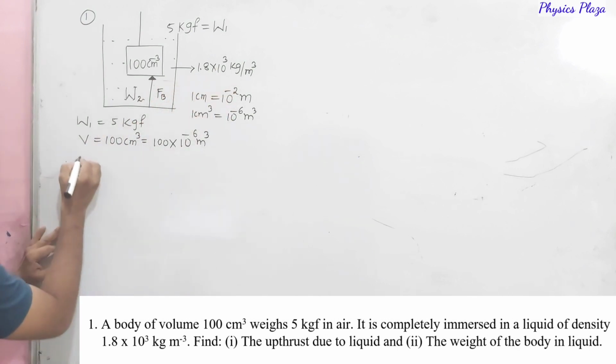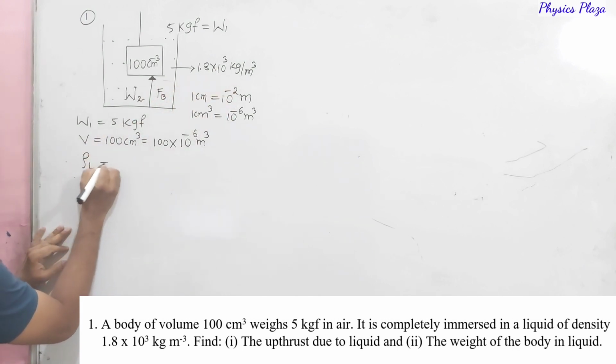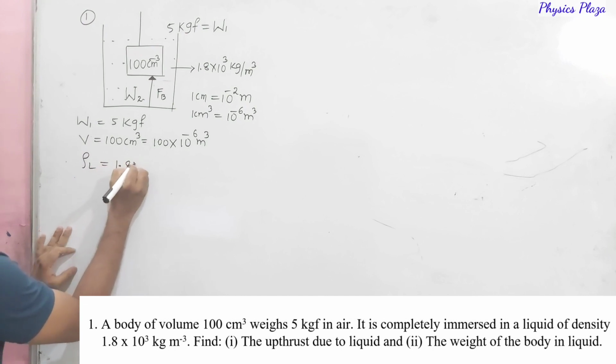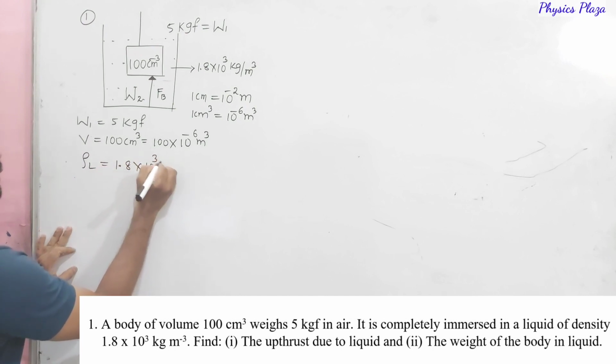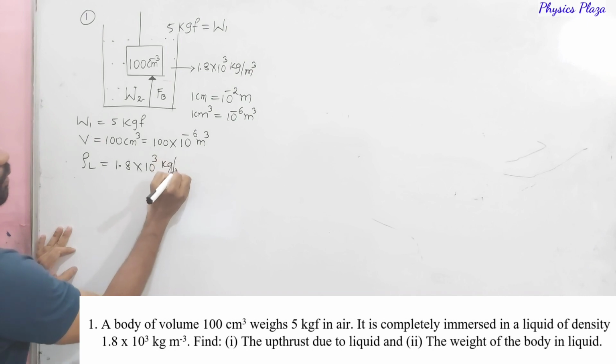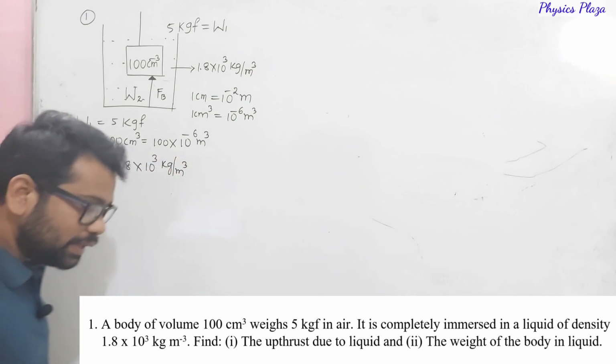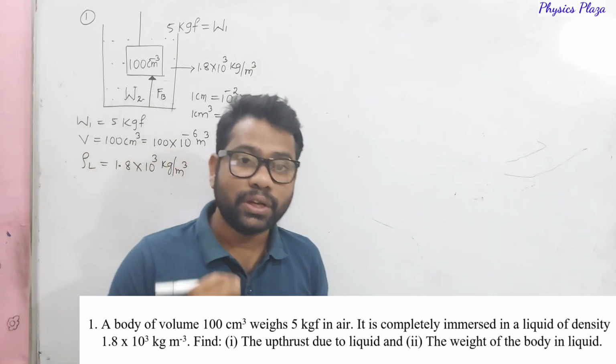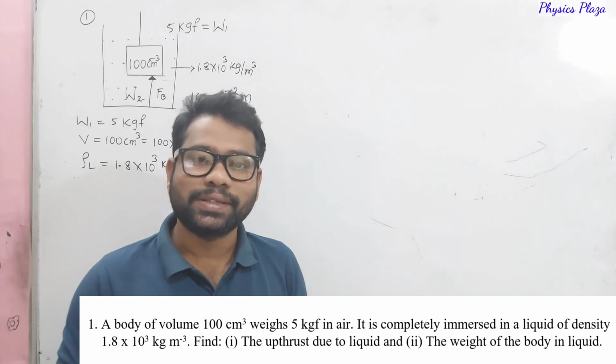Next, the density of the liquid is given as 1.8 into 10 power 3 kg per meter cube. Now first let us calculate the upthrust. Children, what is the formula to calculate the upthrust? Just recall.